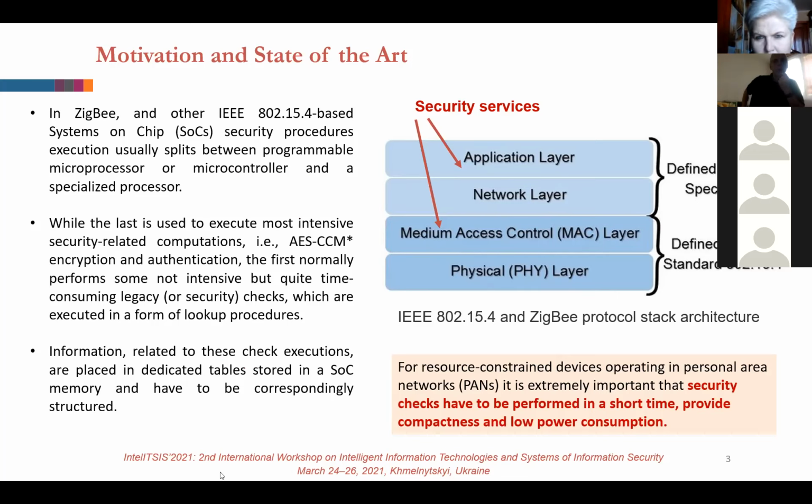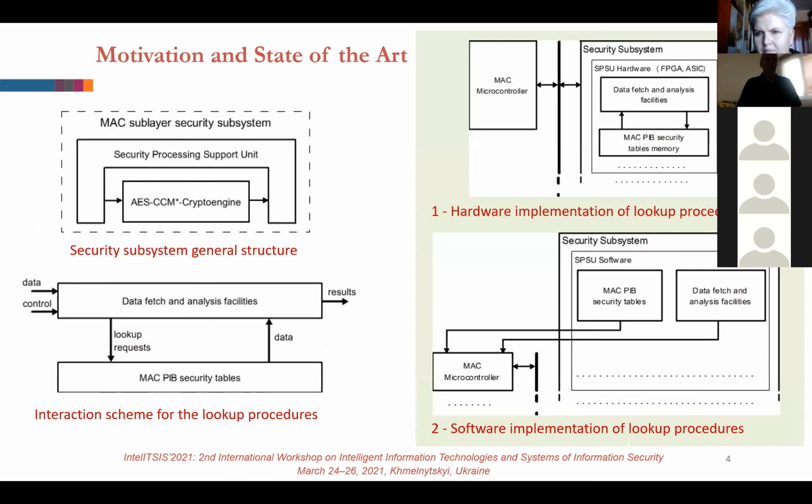Since wireless personal area network devices are normally resource constrained, it is extremely important that security checks are performed in a short time, and provide compactness and low power consumption. This is very important. Here we can see on the slide the general structure of the MAC security subsystem.